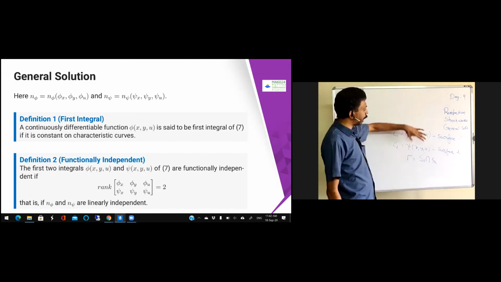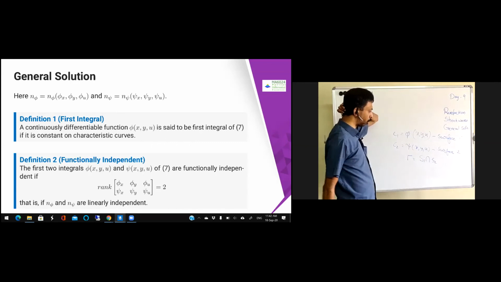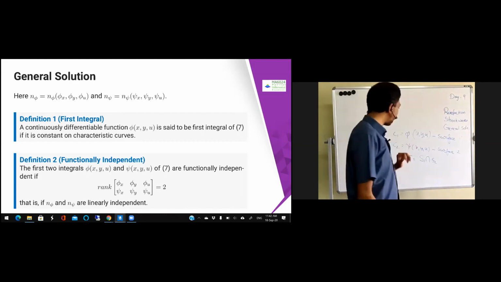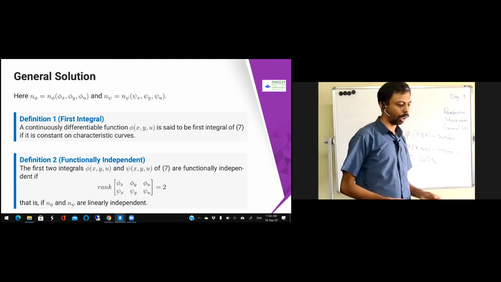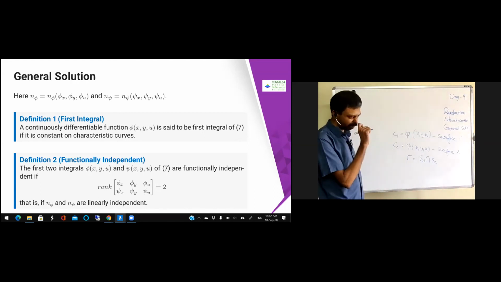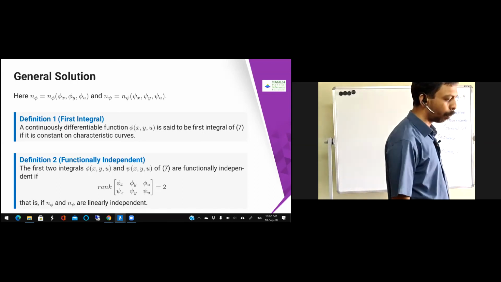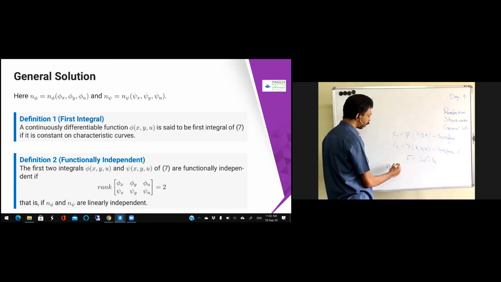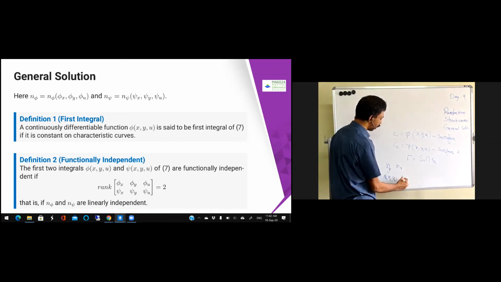Suppose phi and psi are both first integrals. Then we can say that phi and psi are functionally independent. When we say functionally independent, we find the normals with respect to all the variables. n_phi is nothing but (phi_x, phi_y, phi_u). Similarly, n_psi is (psi_x, psi_y, psi_u).